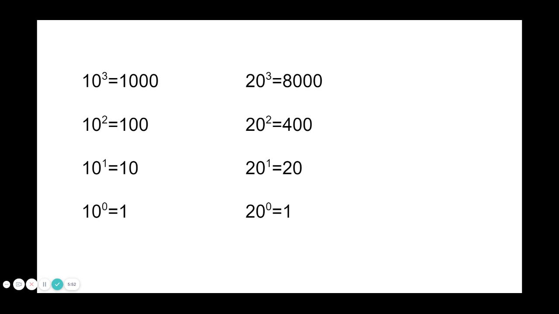So let's say we want to come up with the number 17,208. How would we represent that in the Mayan number system? Well, first, we're going to need two 8,000s because it goes into 17,208 two times. That's represented by two dots in this category.